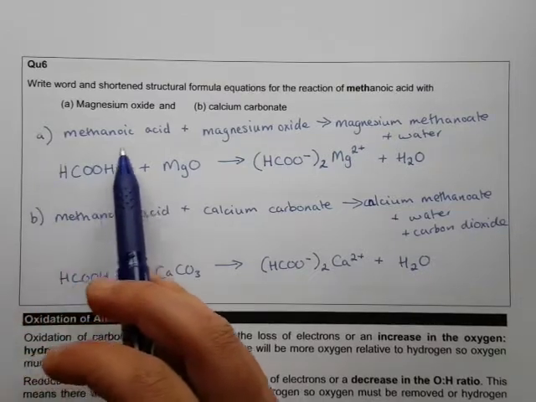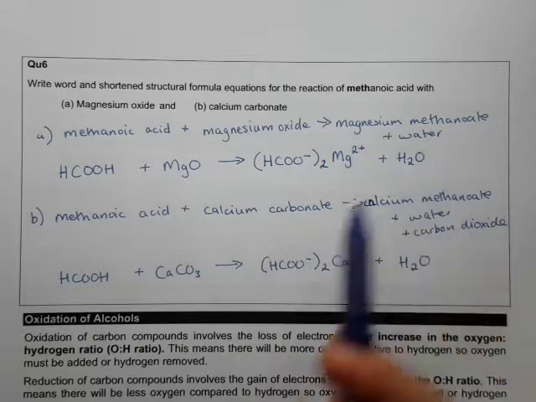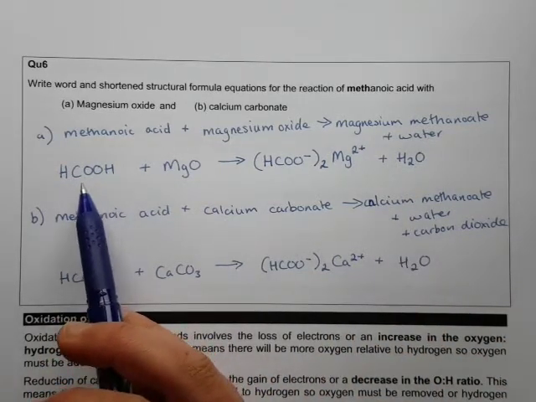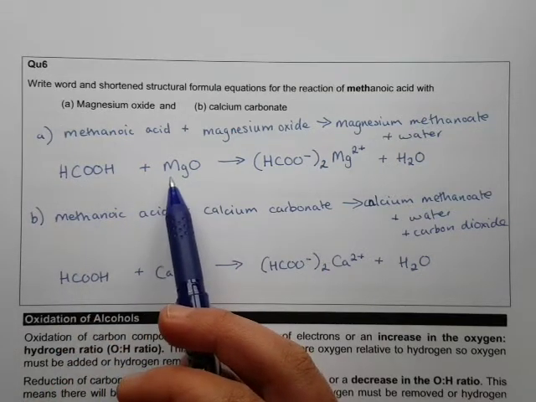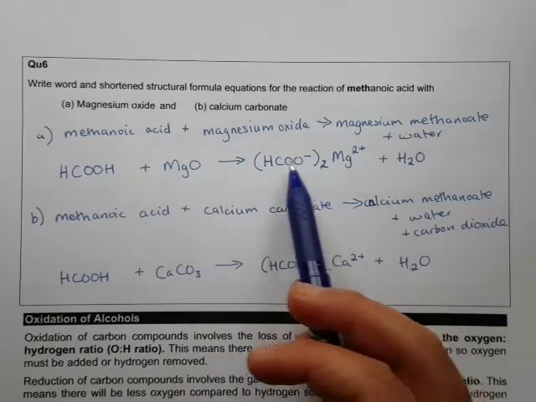So A, methanoic acid plus magnesium oxide makes magnesium methanoate plus water. So we've got the short and structural formula of methanoic acid written as we'd written it on the previous page, plus magnesium oxide, and then we're making magnesium methanoate.